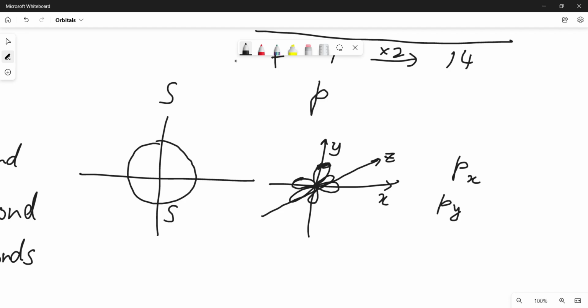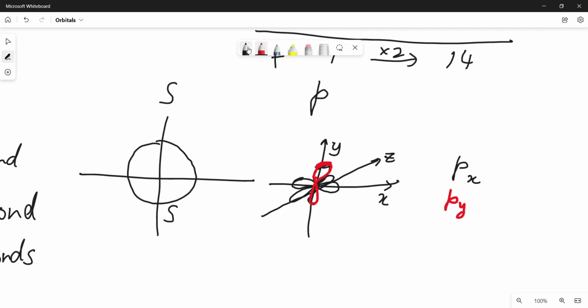And actually, let me try to do these in color. So that one is py. Let me just erase this. So that's py.